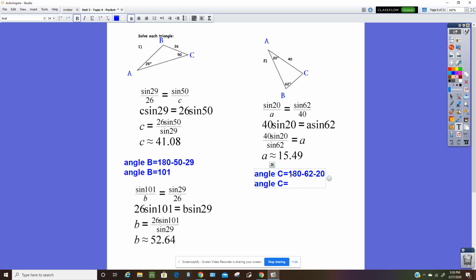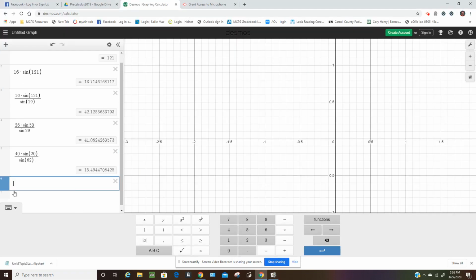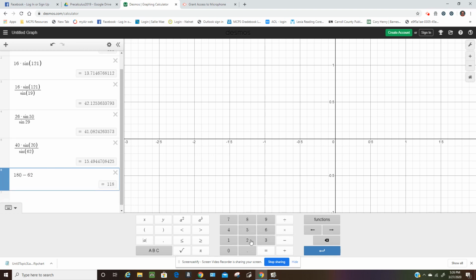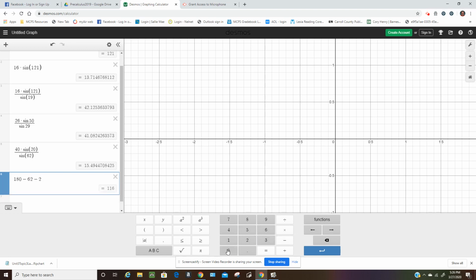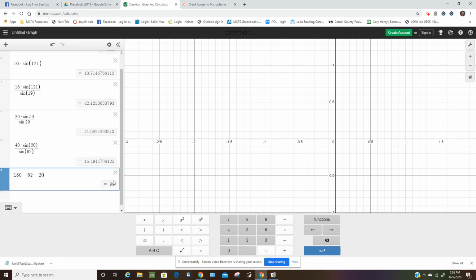So 62 and 20, that's 82. So it would be 98 degrees. And once again, I can check that on my calculator. So on my calculator right here, 180 minus 62 minus 20. And there's my answer right there, 98 degrees.